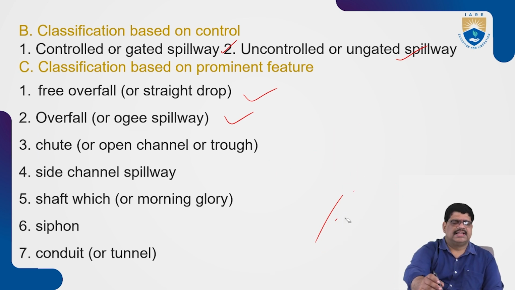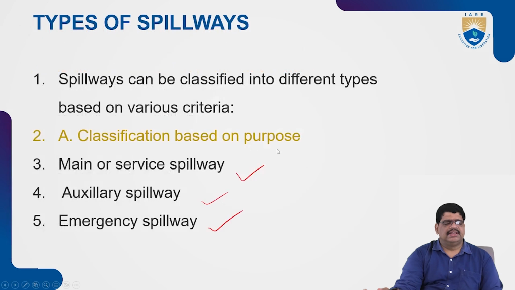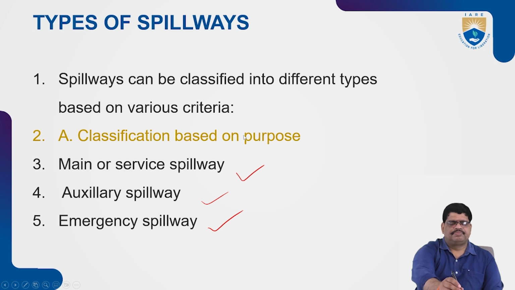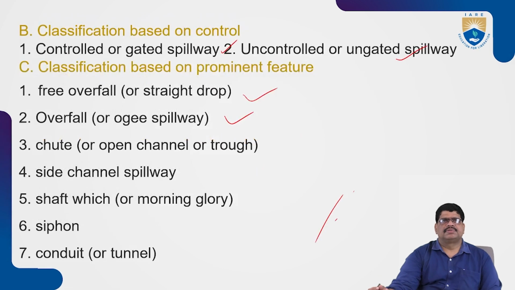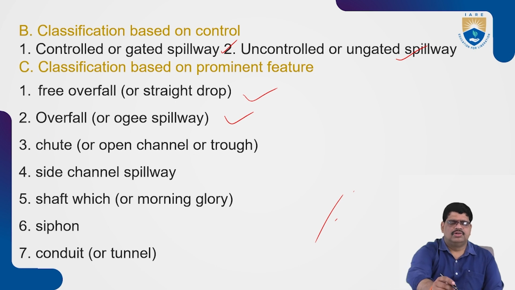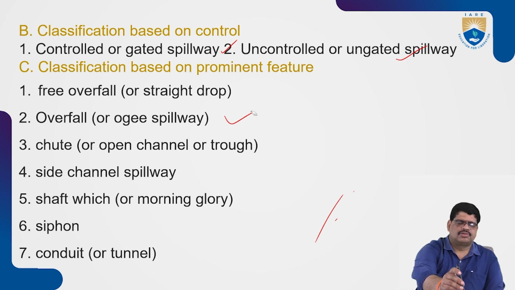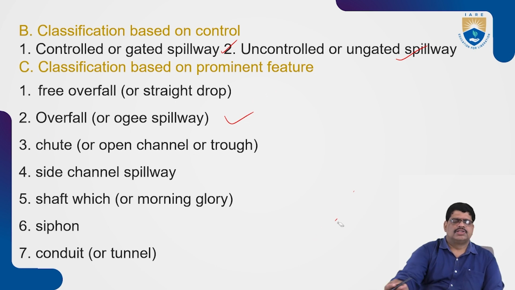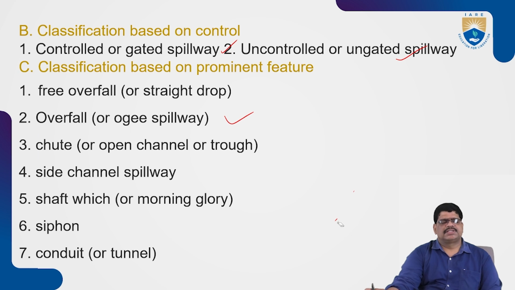Here, what we discussed: the first one is class A, based on the purposes. The second one is classification based on the control: gated or controlled type and uncontrolled type.